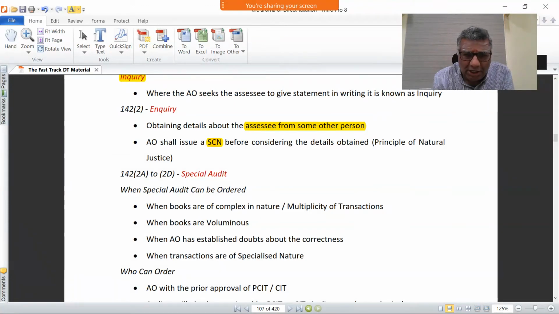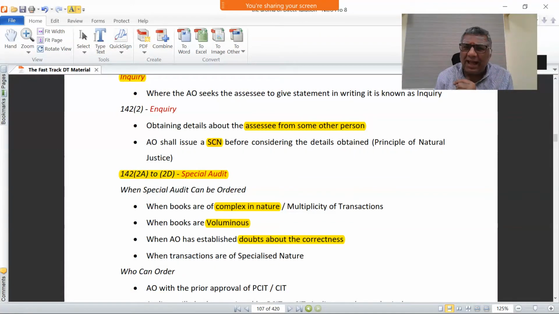Then comes what is popularly known as special audit. I am not happy, the assessing officer is not happy with the way the books are maintained by the assessee. It is very complex in nature. It is very voluminous in nature. I don't have time to look through your transactions, but I'm suspicious that this fellow is not correctly maintaining his books.